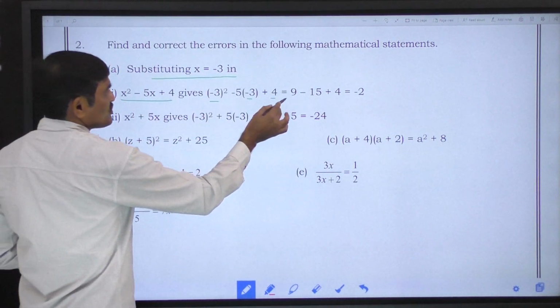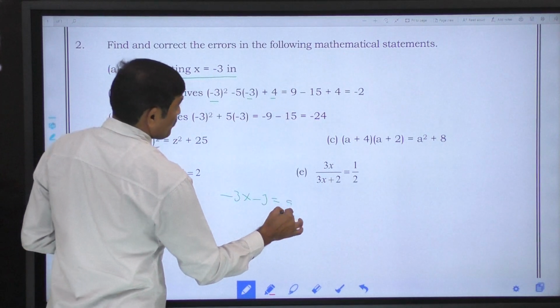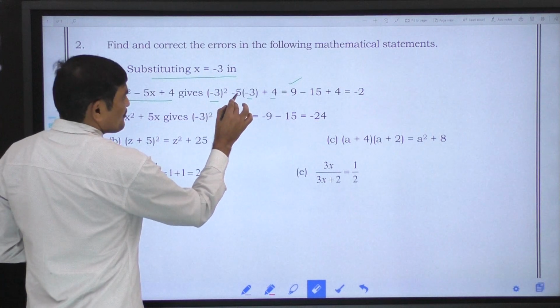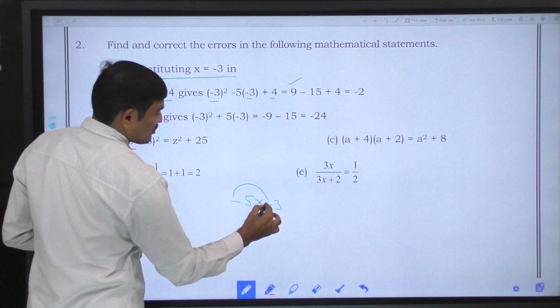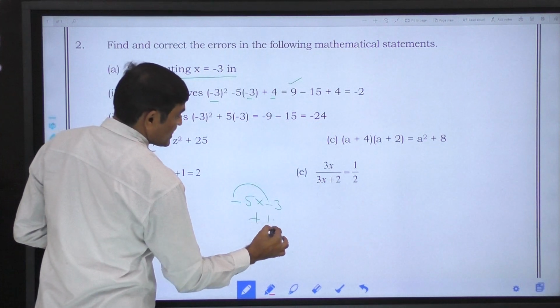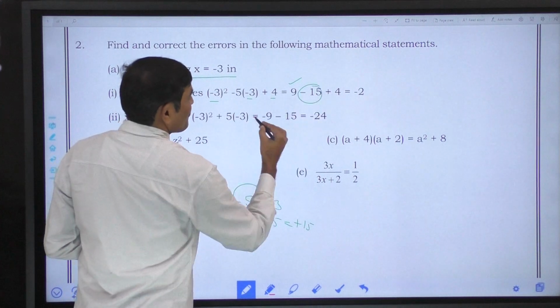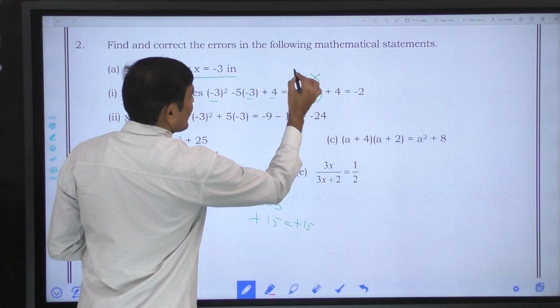Now minus 3 whole square is minus 3 into minus 3, which is plus 9 only. This is correct. Now minus 5 into minus 3: minus into minus is plus, 5 into 3 is 15, so plus 15, but here minus 15 is given. This is wrong.